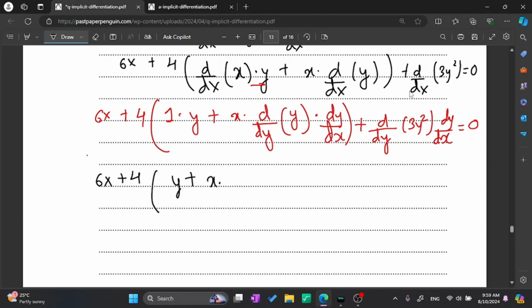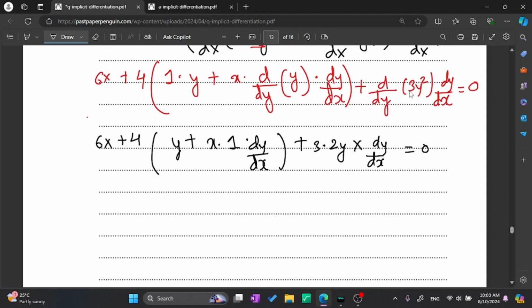So it's x times 1 times this dy over dx, plus the derivative of 3y squared, which is 3 times 2y times dy over dx, equals 0.